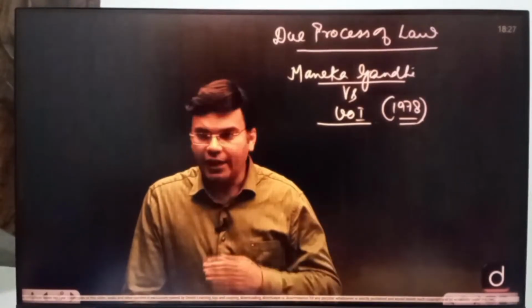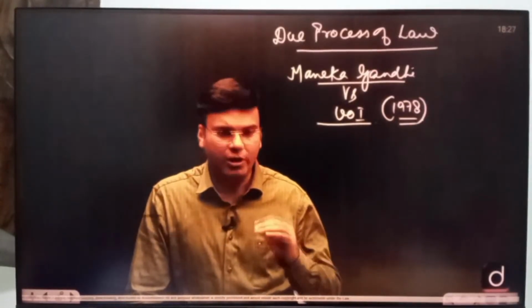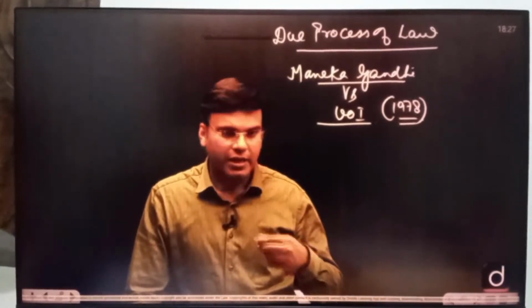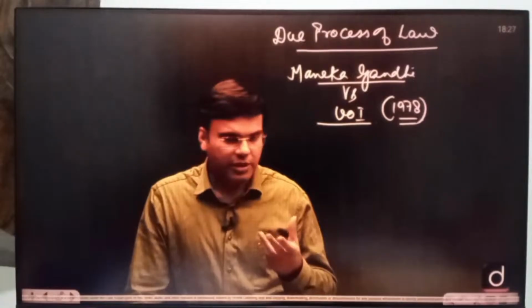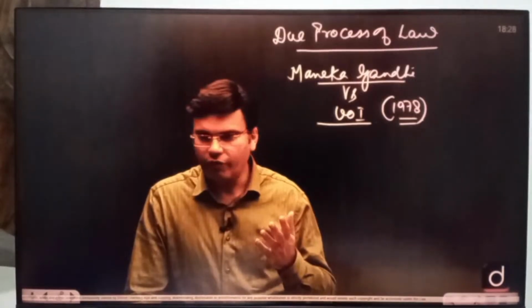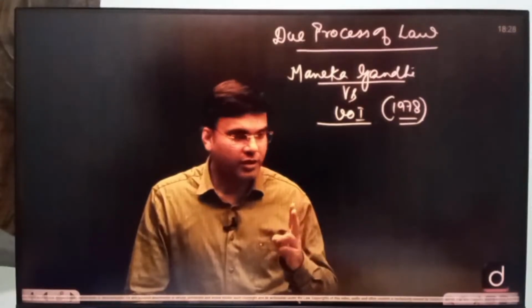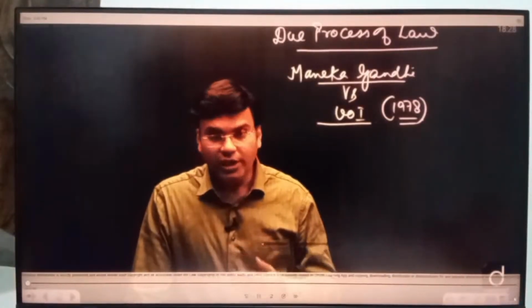The court said that we are not going to merely judge this law on the basis of procedure established by law. मतलब ये तो हम देखेंगे ही कि क्या ये प्रोसीजर को वायलेट तो नहीं कर रहा, यानी is the law which is made by the competent law making body, which means is it the power of the body to make such a law? तो पहला अगर हाँ तो ठीक है, ये लॉ फिट है. क्या सही प्रोसेस से ये लॉ पास किया गया है? इफ यस, लॉ इज फाइन. बट ये तो केवल प्रोसीजर में था, प्रोसीजर एस्टैब्लिश्ड बाय लॉ. बट दे नाउ से इन मेनका गांधी द कोर्ट सेड दैट वी विल आल्सो सी whether the law is fair and reasonable or not.